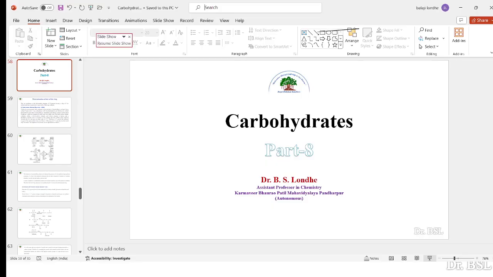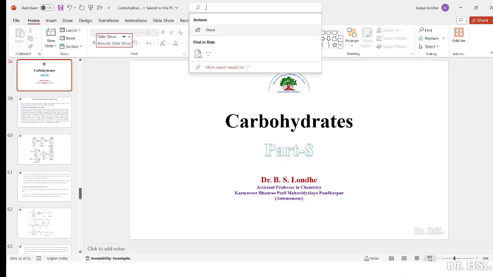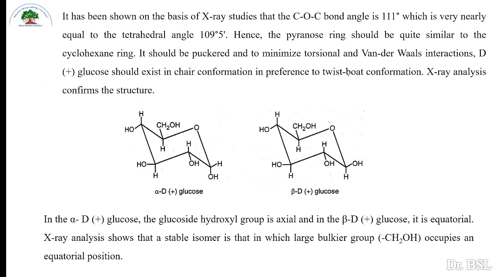that the C-O-C, that is ether linkage or hemiacetal linkage, bond angle is 111 degrees, which is very nearly equal to 109 degrees 5 minutes. Hence, the pyranose ring should be quite similar to the cyclohexane ring.